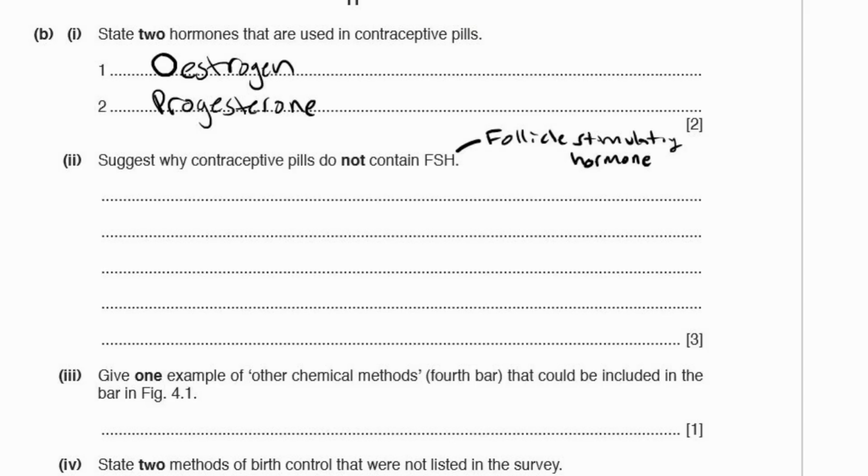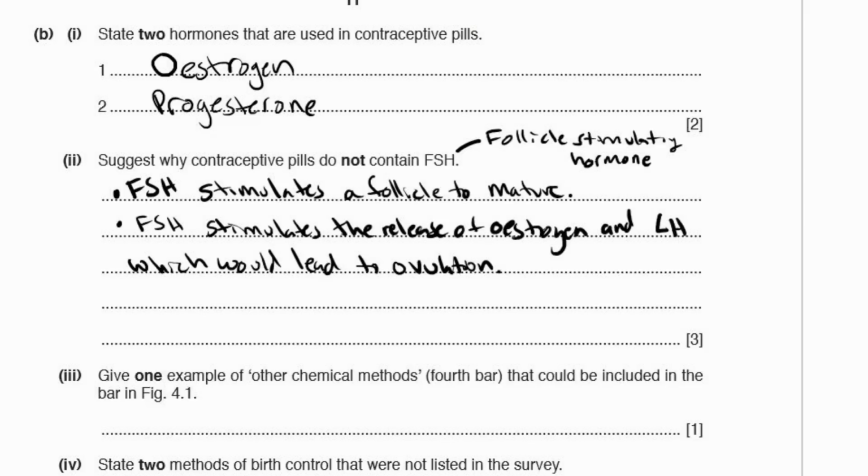So basically, FSH increases the chance of fertilization and pregnancy, which would be completely counterproductive in a pill to prevent pregnancy. So FSH would actually increase the chances of fertilization, not something you want in a contraceptive pill.